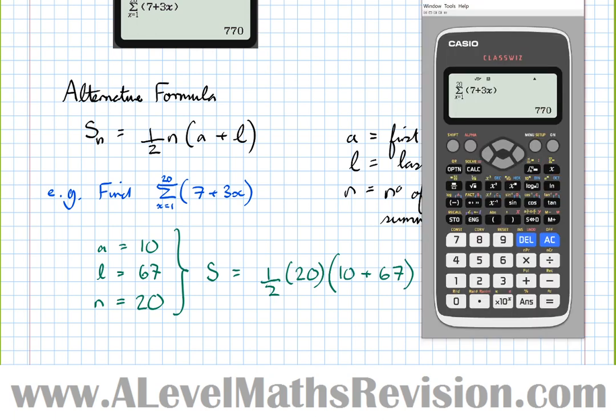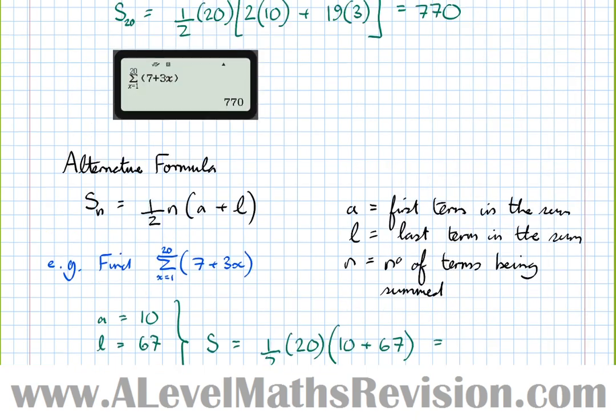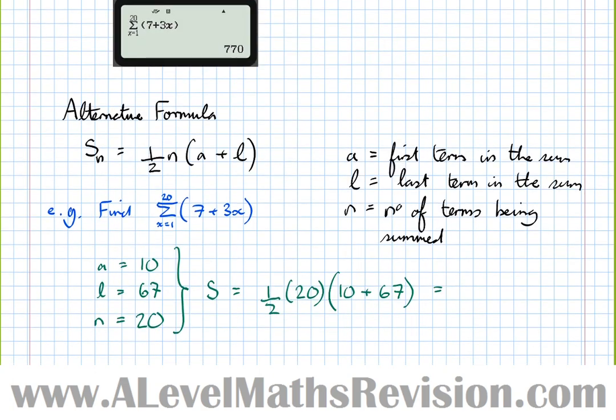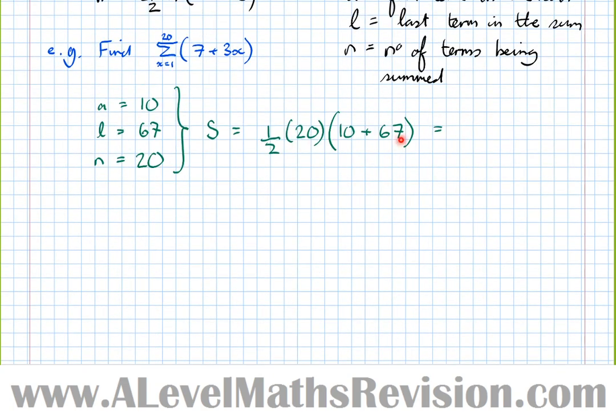Putting that in the calculator, a half n (a plus L) equals 770 also. So though you could be expected to use both formulae, I prefer the longer formula that we used before, but this formula can be useful as well.